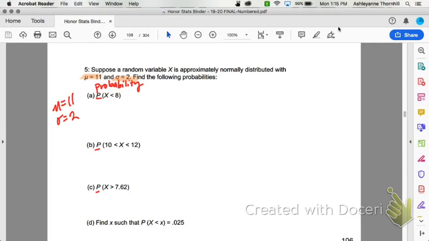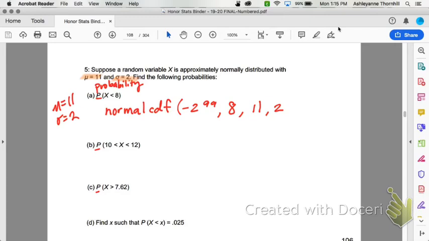Normal CDF. And it says less than 8, so my lower bound would be negative infinity. Upper bound is 8. Then I put 11 and then 2 for my mean and standard deviation.